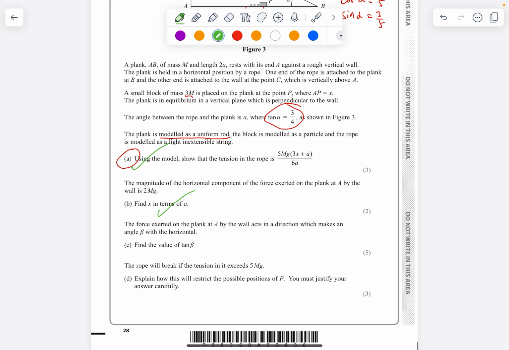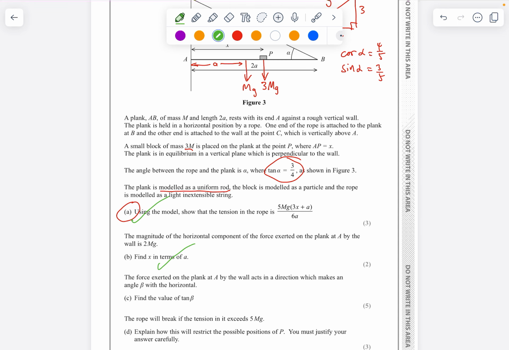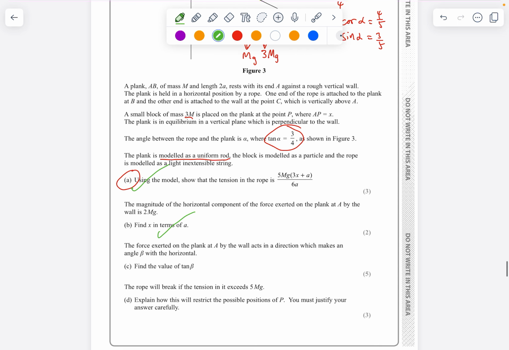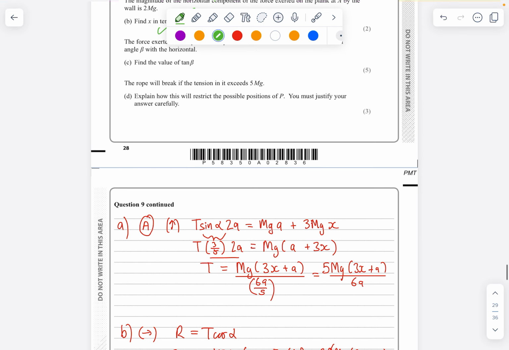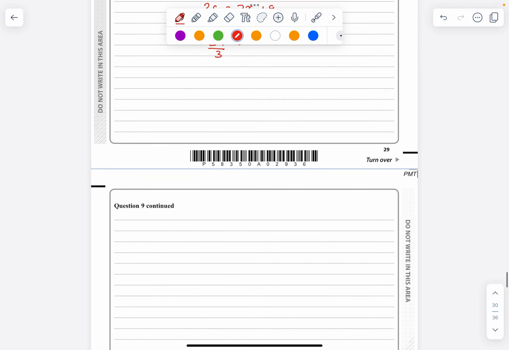Right, now, the force exerted on the plank at A by the wall acts in a direction which makes an angle beta with the horizontal. Okay, so let's start here. Now, if I've got a force acting in 2 different planes, a vertical and a horizontal, I get a resultant force.